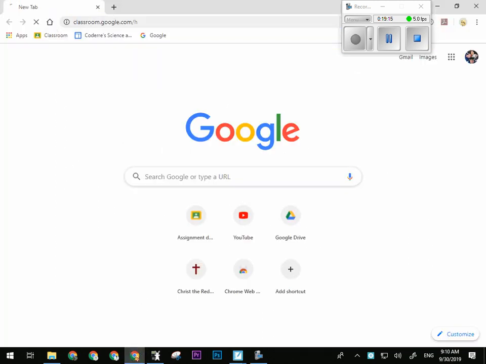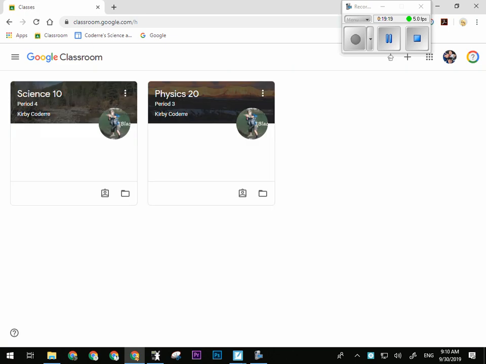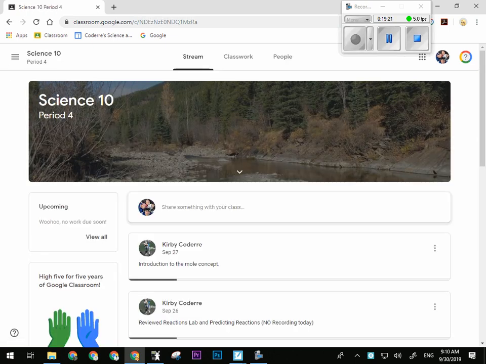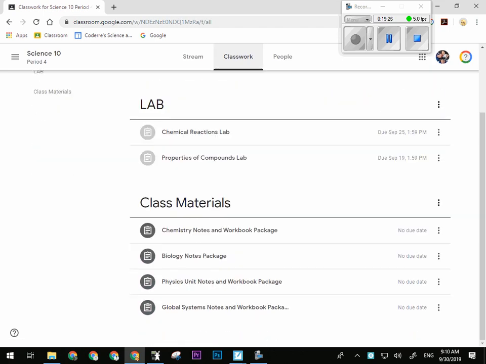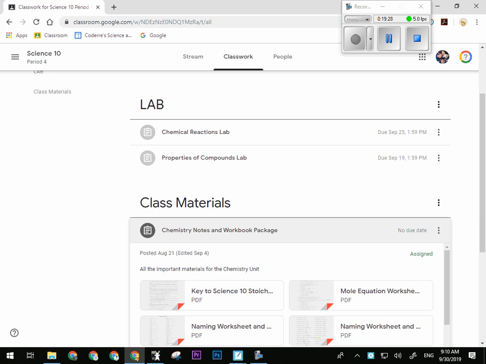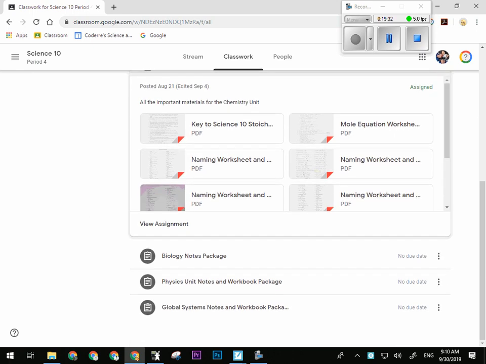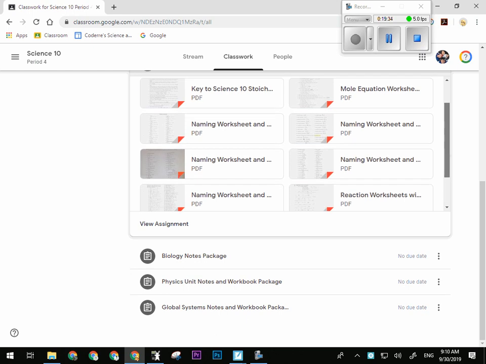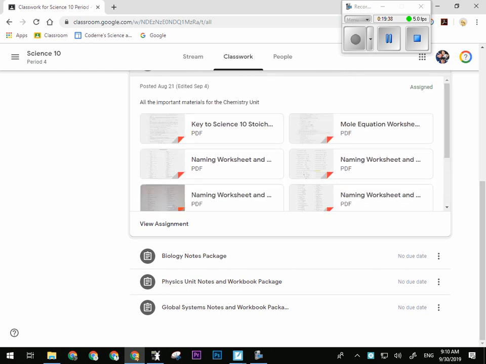On Google Classroom here, it's the end of the chemistry workbook. Okay, so chemistry notes and worksheet package. The mole equation worksheet key is right here on the top right. Okay, so if you're wanting to see if you're doing them right, that's where the key is.